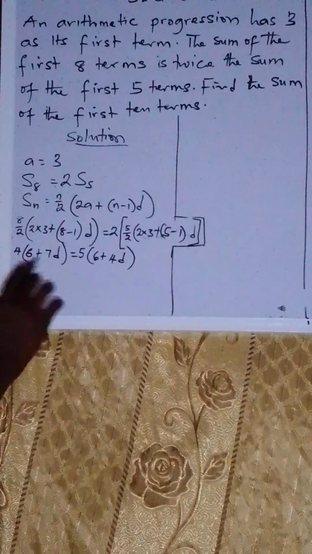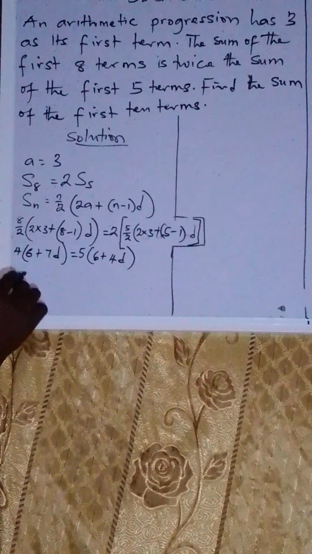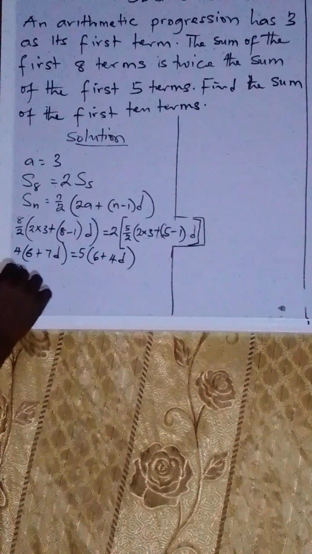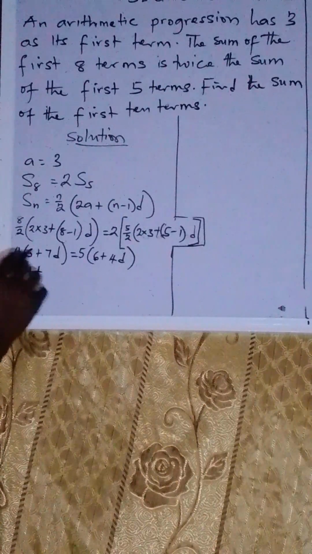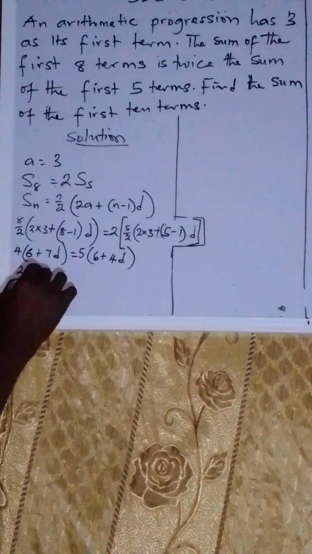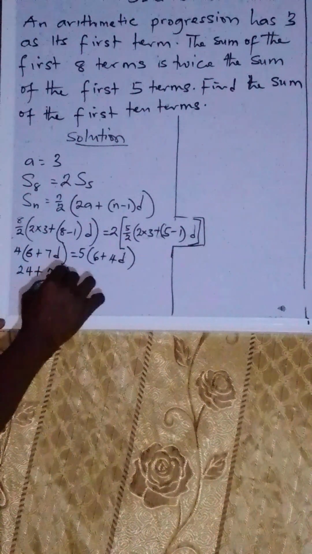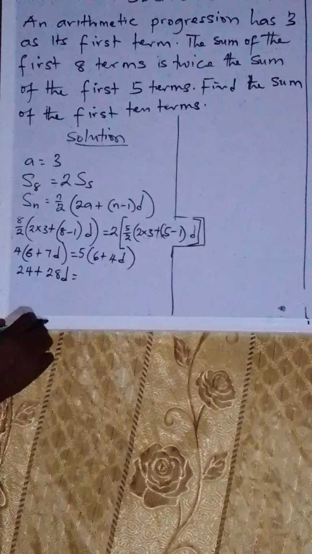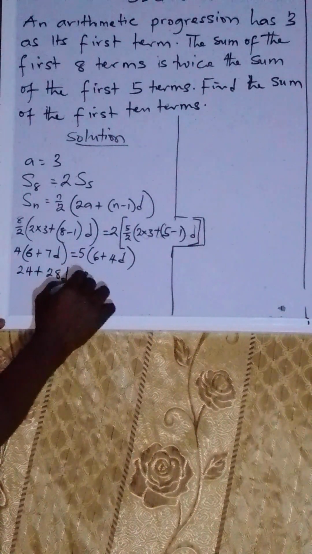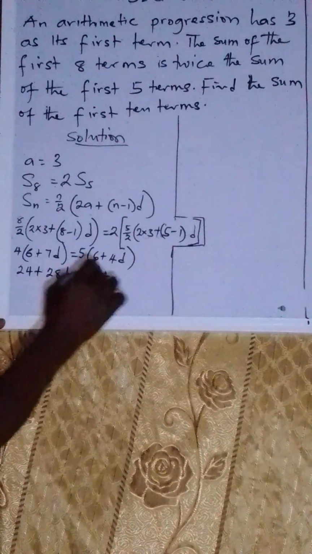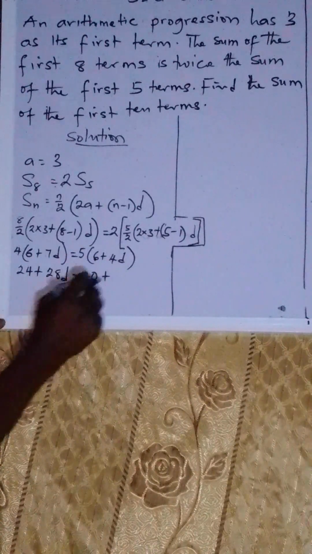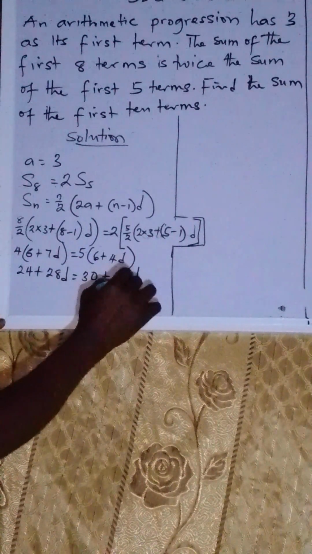Opening the brackets, 4 times 6 is 24, plus 4 times 7d is 28d, equals 5 times 6 which is 30, plus 5 times 4d which is 20d.